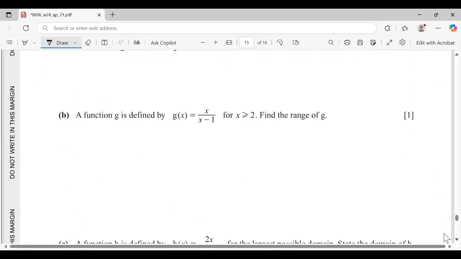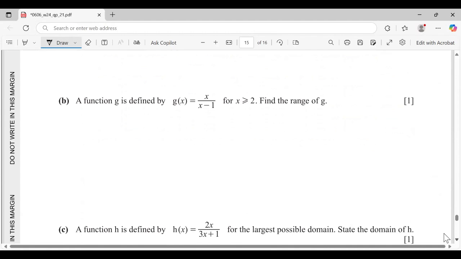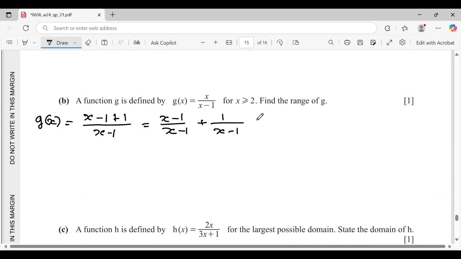Next question, part B. A function g is defined by g(x) equals x over x minus 1 for x greater than 2. If I expand this function, it becomes x minus 1 plus 1 over x minus 1, which is x minus 1 over x minus 1 plus 1 over x minus 1.